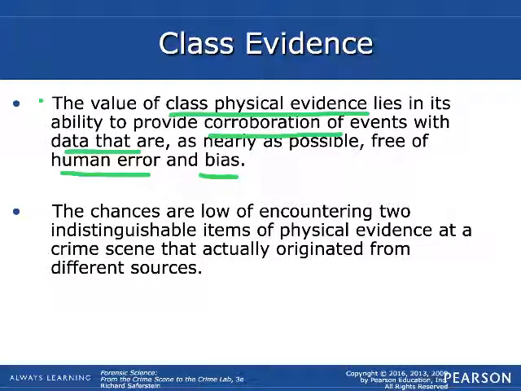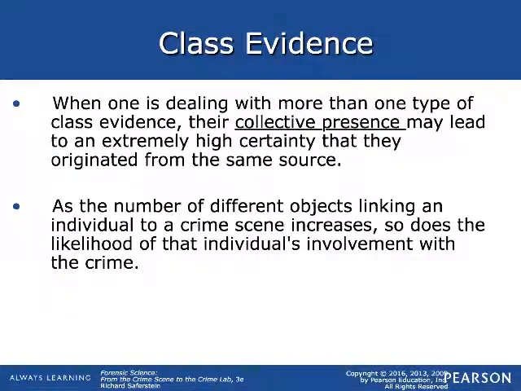Okay, the chances are low of encountering two indistinguishable items of physical evidence at a crime scene that actually originated from different sources. So the idea behind class evidence is that they're going to have a collective presence. When one is dealing with more than one type of class evidence, their collective presence may lead to extremely high certainty that they originated from the same source.